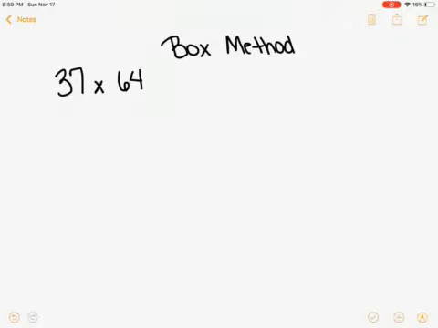So the first thing that we will do to solve this problem is to decompose our numbers, meaning that we'll break them down by place value. So for 37, we have 30 plus 7. And for 64, we have 60 plus 4.